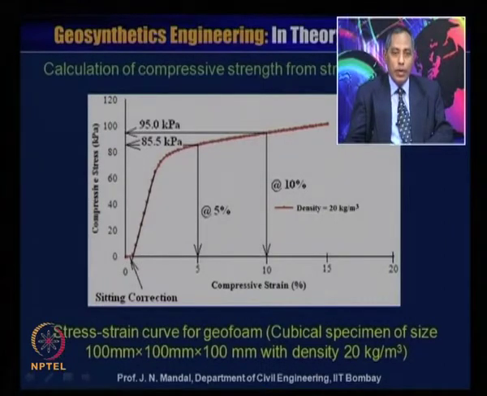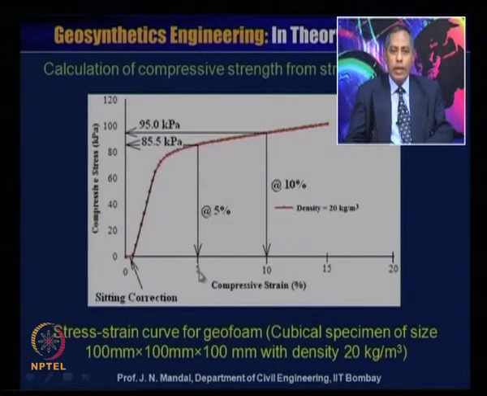In this initial portion, a seating correction is required. Some percentage of the compressive strain you have to take into account as a seating correction, and then the compressive stress increases with strain.